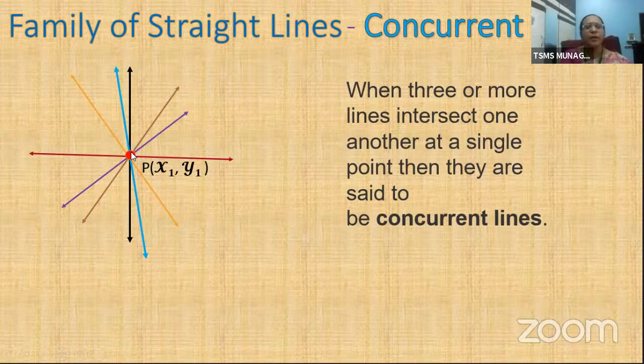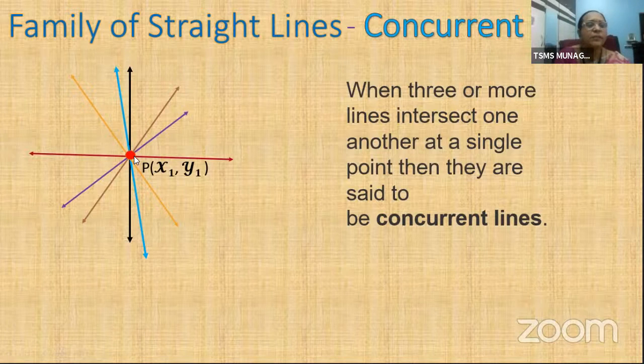But one point which is concurrent to all of us is that we are Indians. See, mathematics teaches you a lot of philosophy. The concurrent lines teach you that whether you belong to any state, any caste, any religion, we are all concurrent at one point, that is, we are Indians. So concurrent lines means when three or more lines intersect one another at a single point, they are said to be concurrent lines.